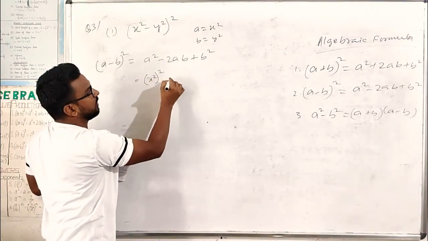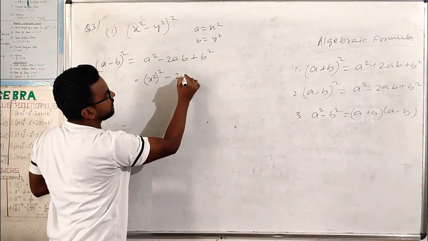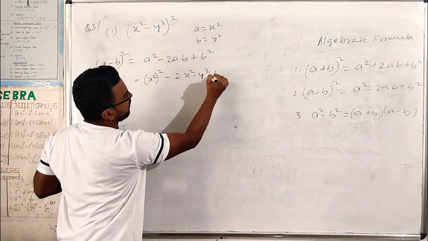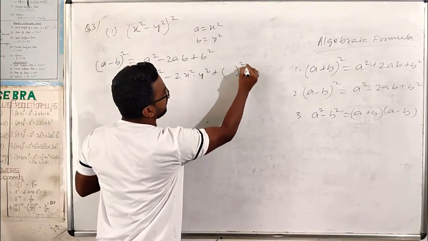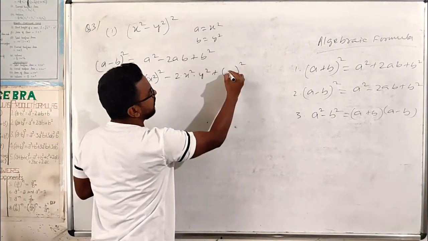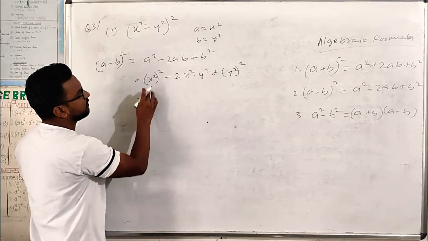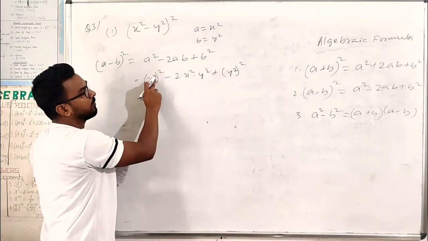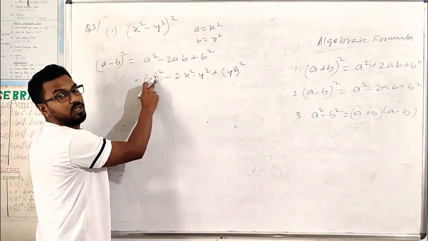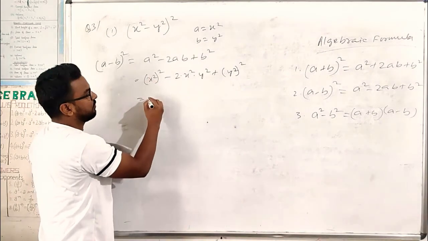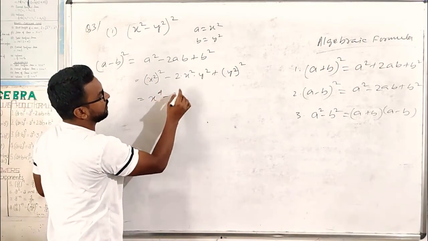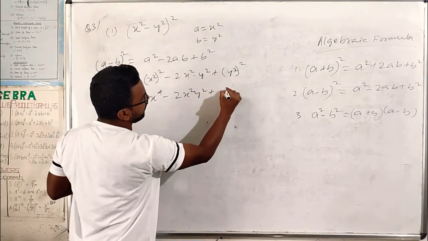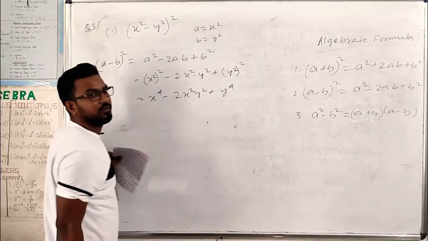So we'll write x square whole square minus twice into x square into y square plus, what is b here? Write down like this. What is b? B is y square. So when you multiply this one, x square whole square, both the powers will get multiplied, 2 2s are 4, so this will become x to the power 4 minus 2 into x square y square plus this will become y to the power 4.